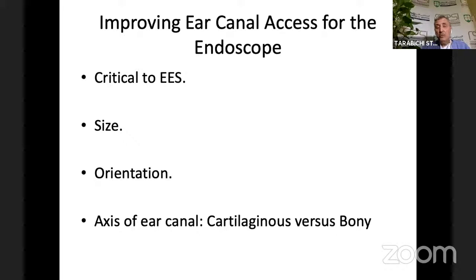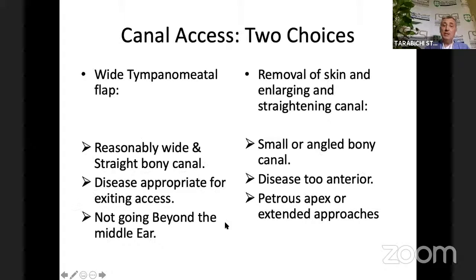The most important point that I keep on mentioning is you need to align the axis of the cartilaginous ear canal with the bony ear canal. And you really have two choices. The first one is to do a tympanomeatal flap, gain access to the disease and remove it, and then replace your tympanomeatal flap.